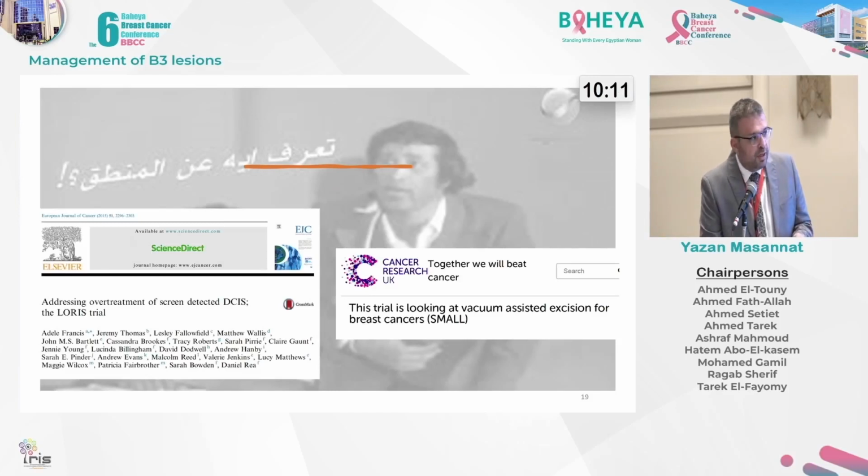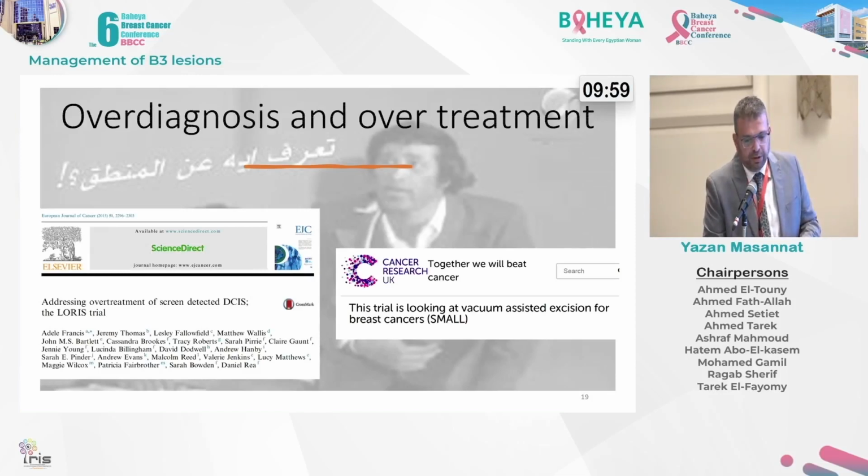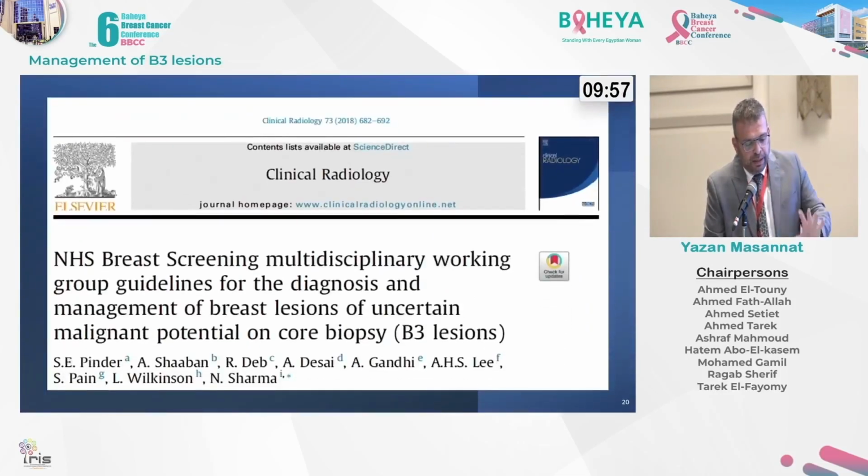We're sending them to the radiologists to have large volume excisions in a small study, or using ice for freezing them, like cryoablation, while for a patient who does not have a cancer diagnosis, we're taking them to have an operation for the B3 lesions. And that's why this working group started. They published their first paper in 2018, and those are NHS screening guidelines.